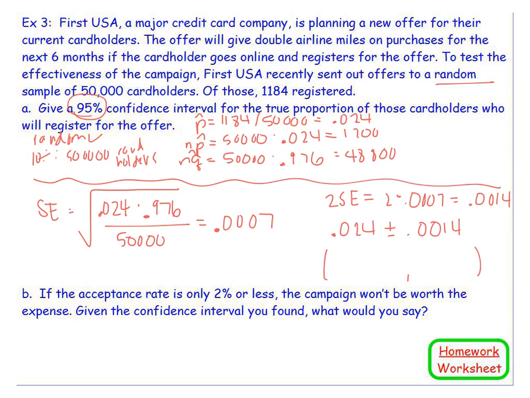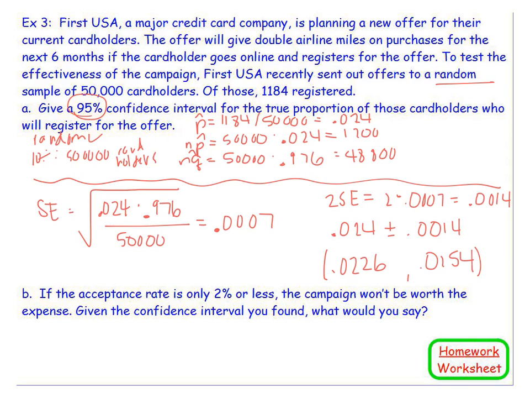So in your calculator, 0.024 minus 0.0014, I get 0.0226. And if you take 0.024 and you add 0.0014, I get 0.0254.